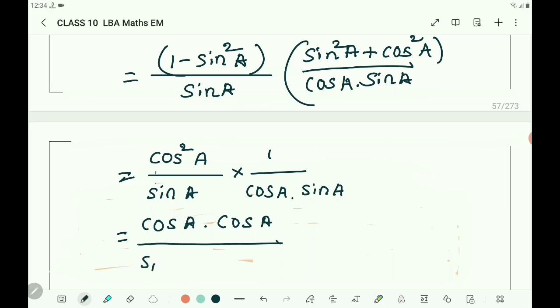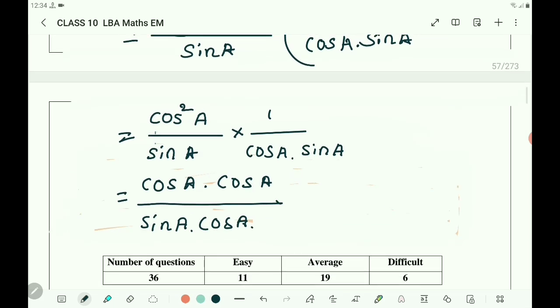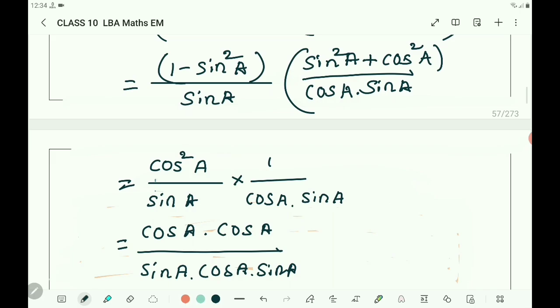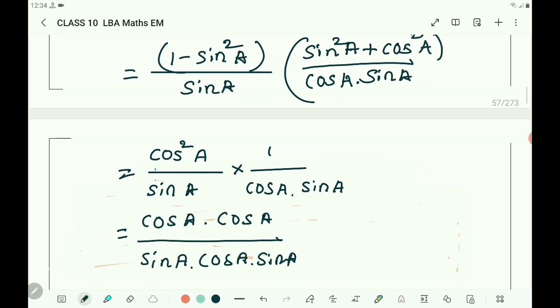Then you write sin A into cos A into sin A. Cos A cancels, or you cancel cos A. Cos by sin is cot A, and 1 by sin is cosec.